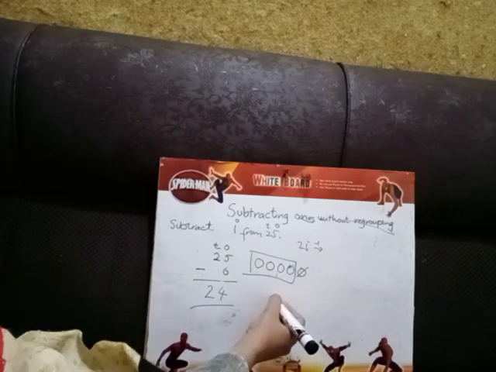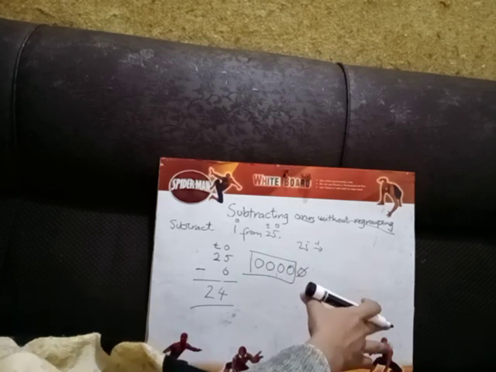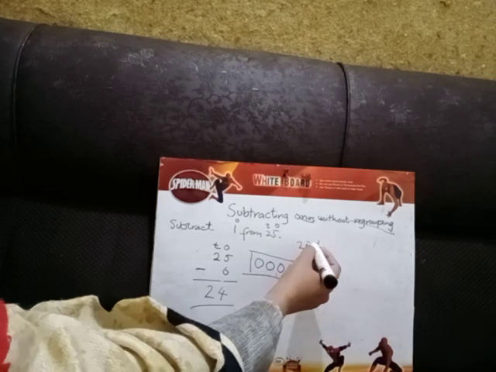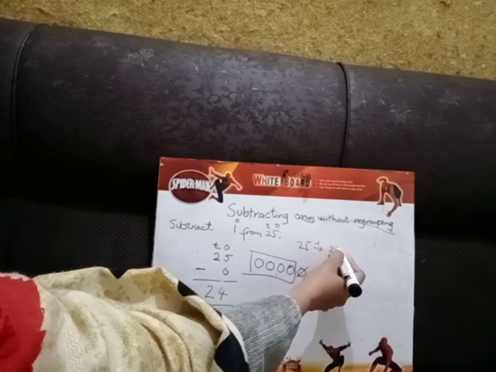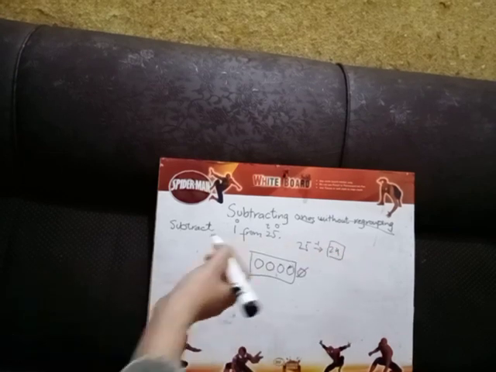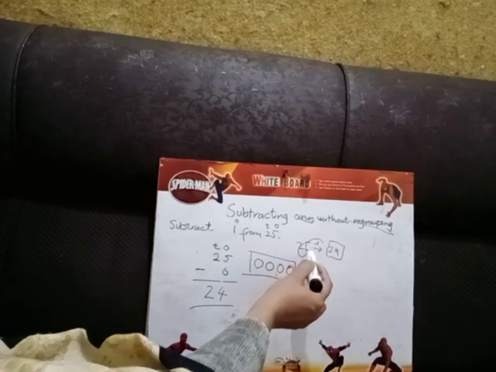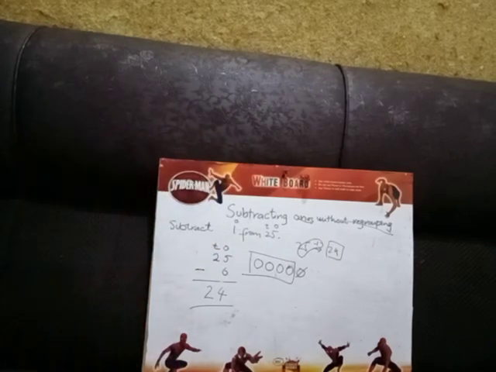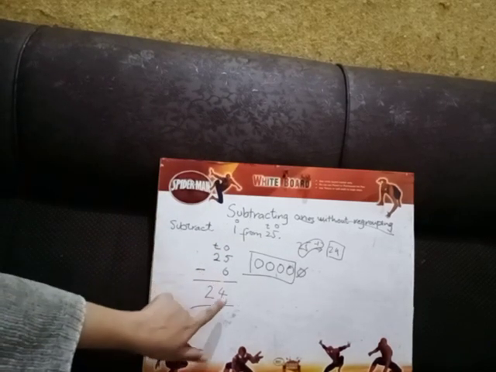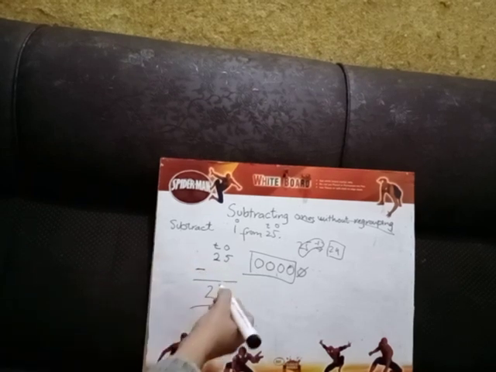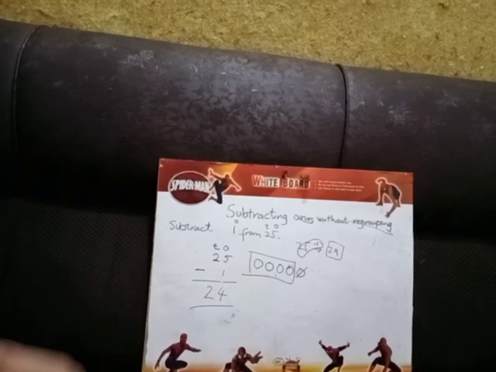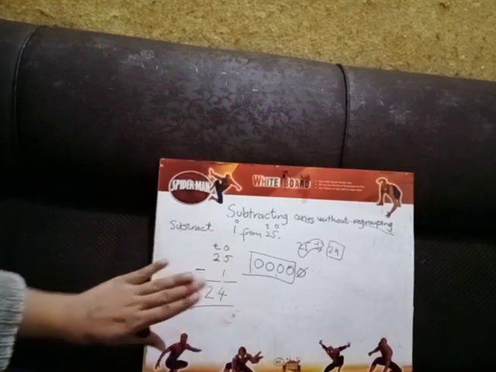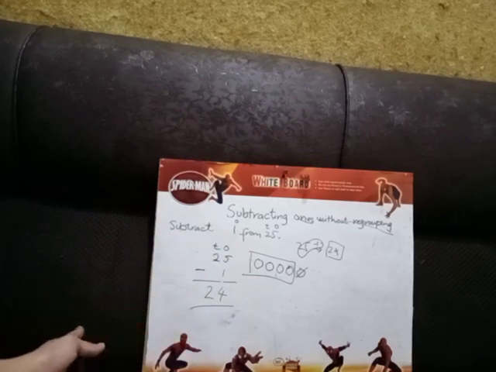So 25 minus 1, the result will be 24. Here you have to minus from the ones place 1. सो मैंने वंस में से वंस को माइनस कर दिया. दिस इज कॉल्ड रीग्रुपिंग.